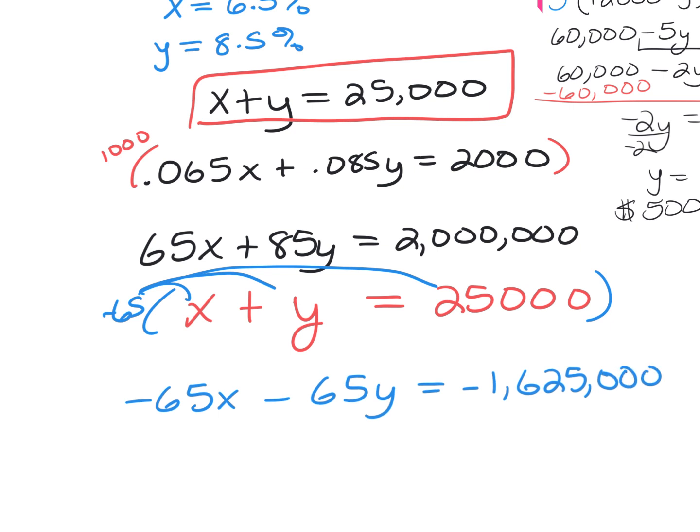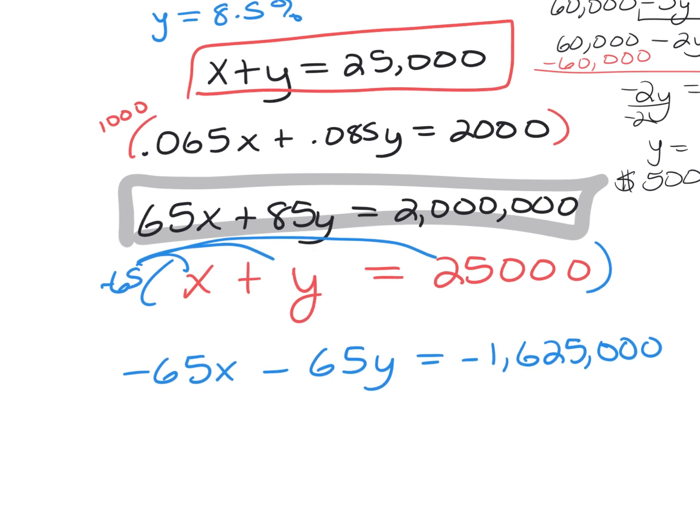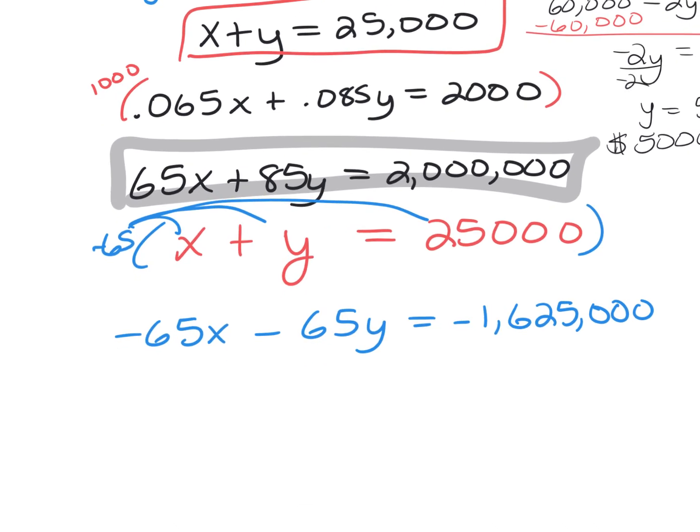What I'm going to do is take this equation and line it up. So I'm going to put it underneath. So then I can add the 2 equations together. So 65x, 85y, and then the 2 million.